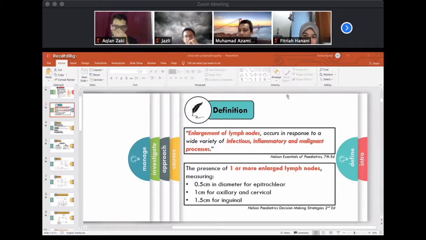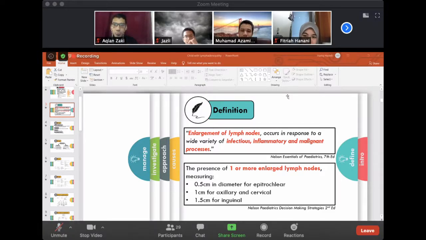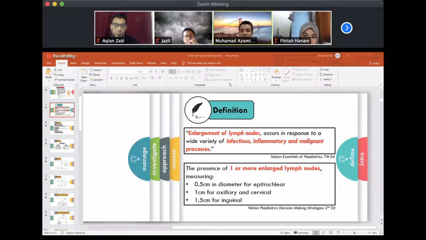If I'm not mistaken, the epitrochlear is a group of lymph nodes located at the cubital fossa. So it's around the cubital fossa area. So normally we find them around the elbow joints. So those are epitrochlear.